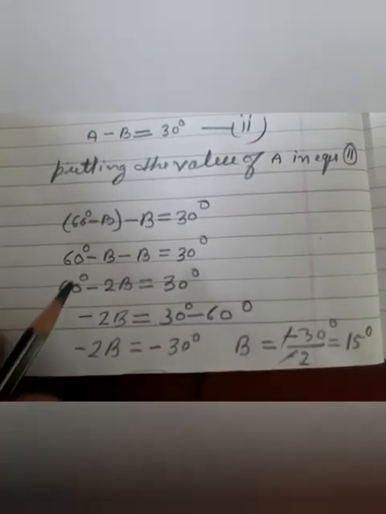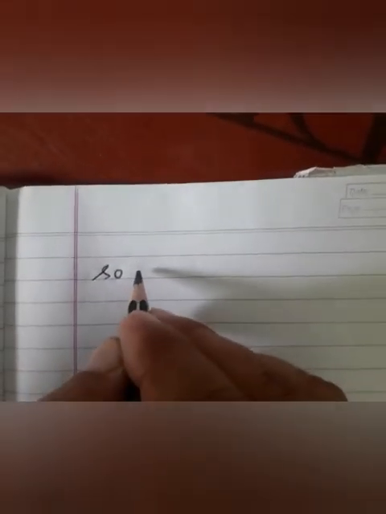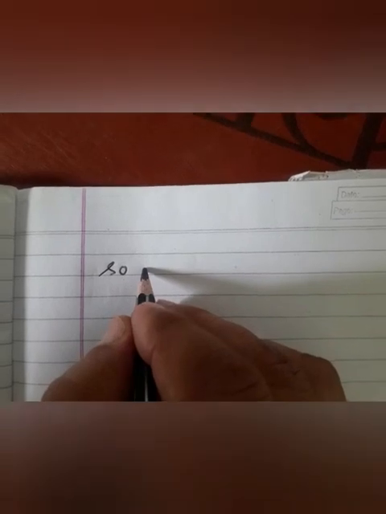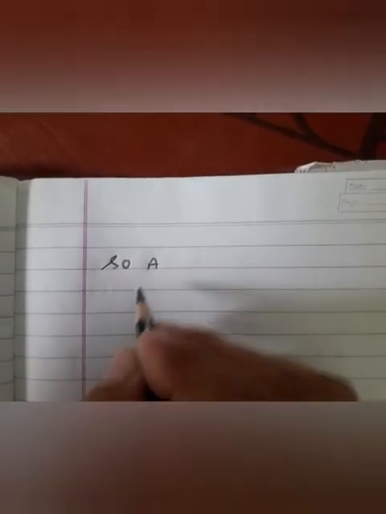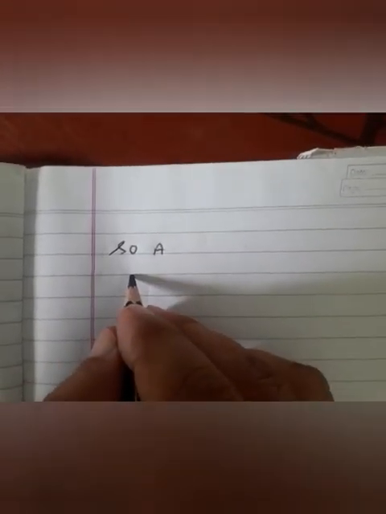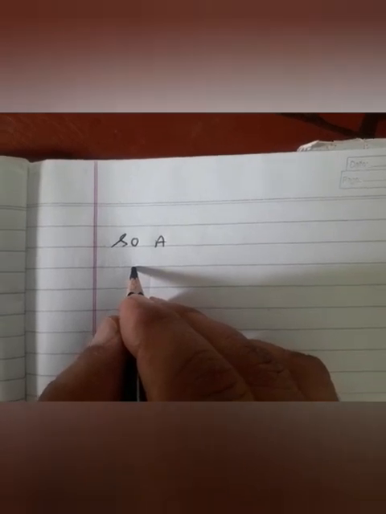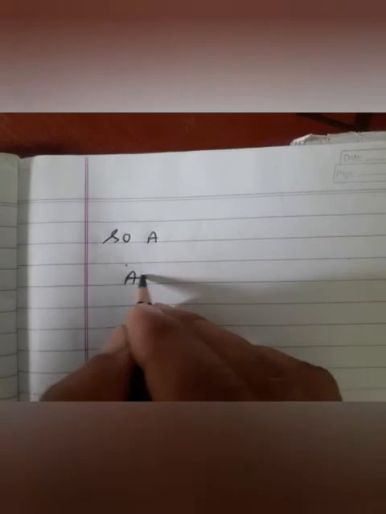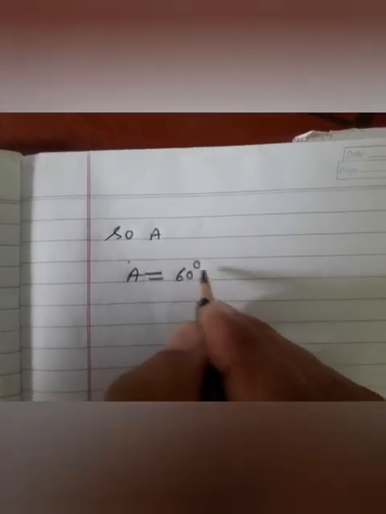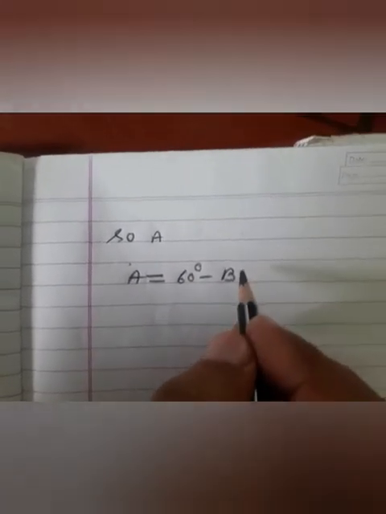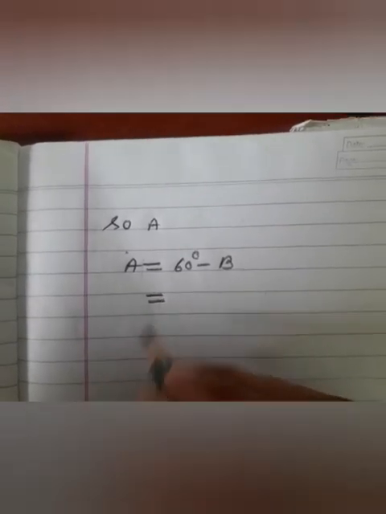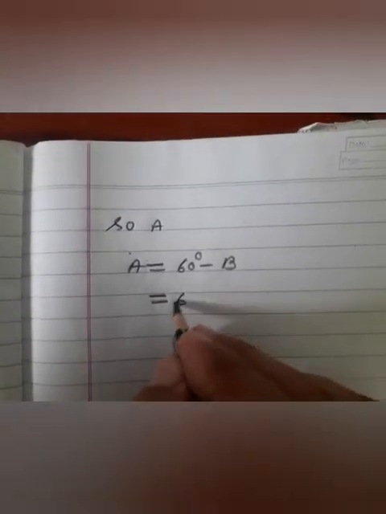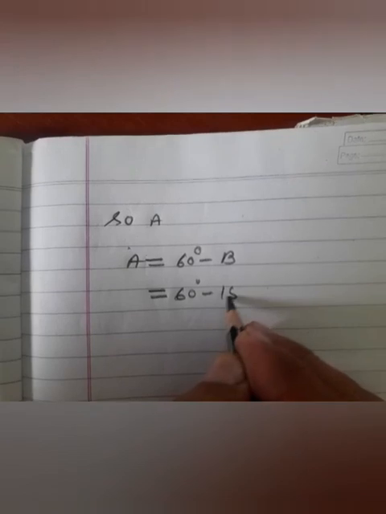So A is equal to 60 degree minus B. So we already find the value of B. Put the value of B here, 15 degree.